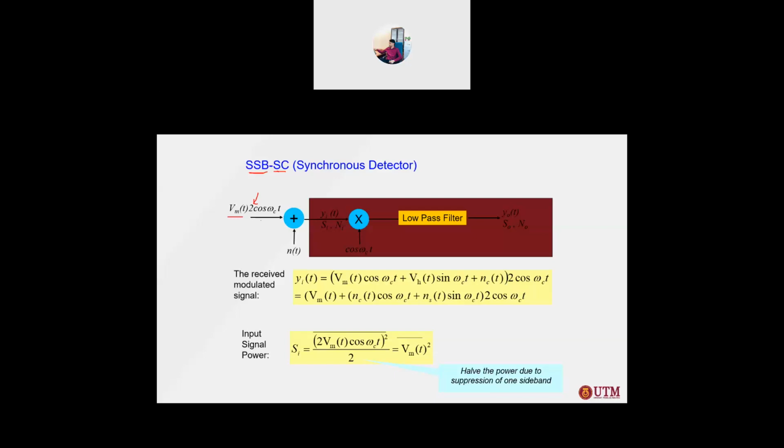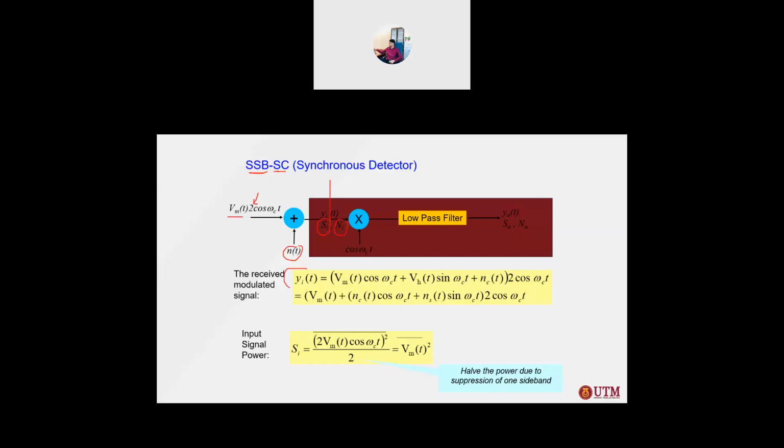Why don't we use Vm cos omega c t? The same reasoning. So you have this additional noise, then together you have input signal power and input noise power.